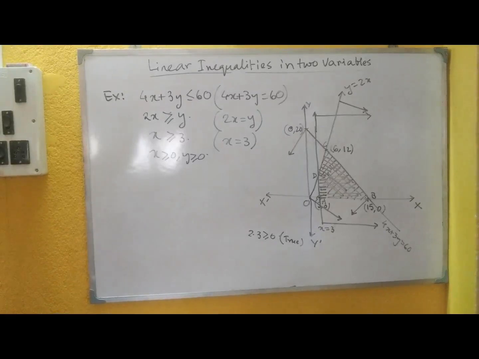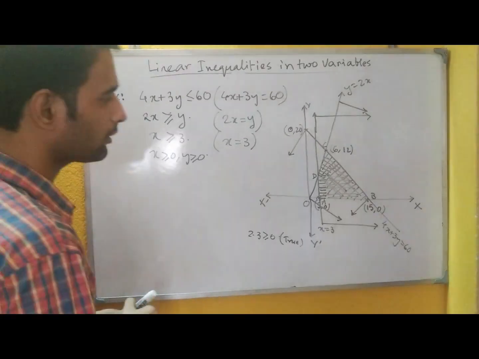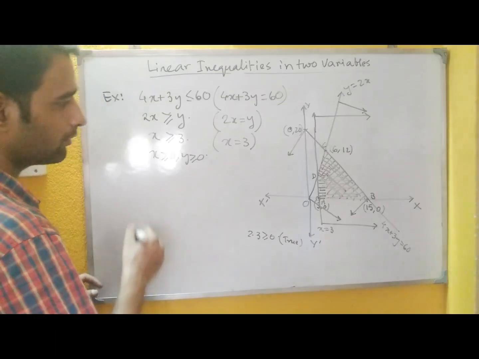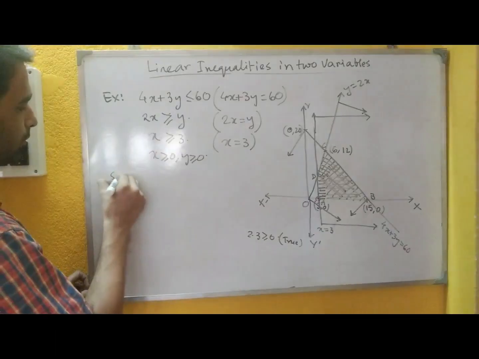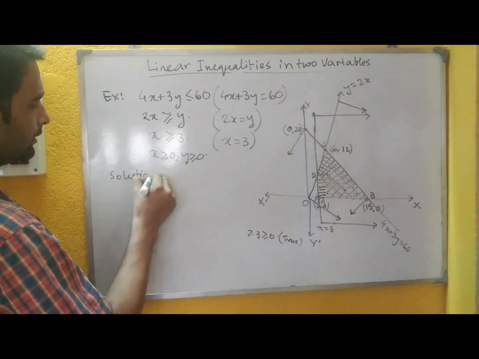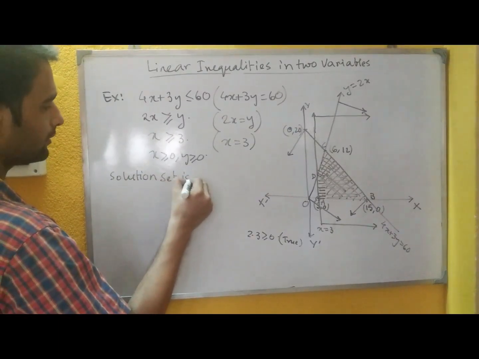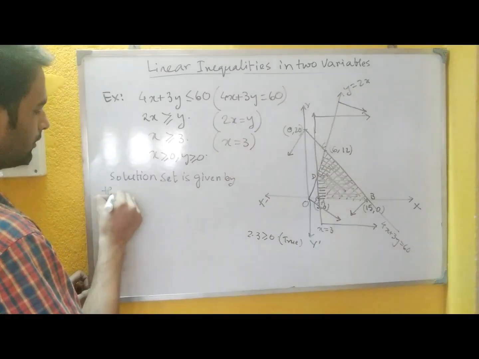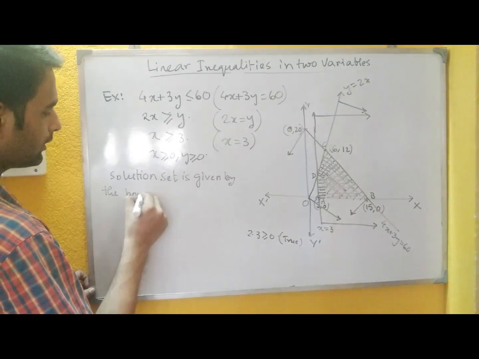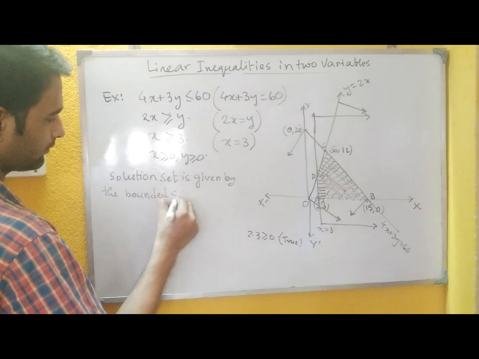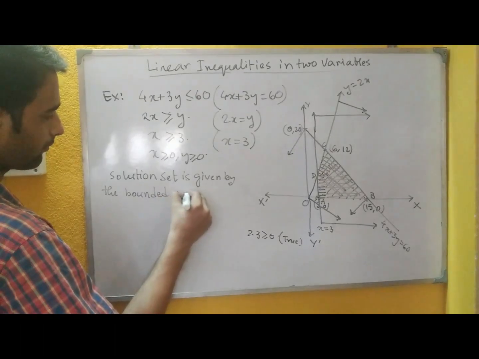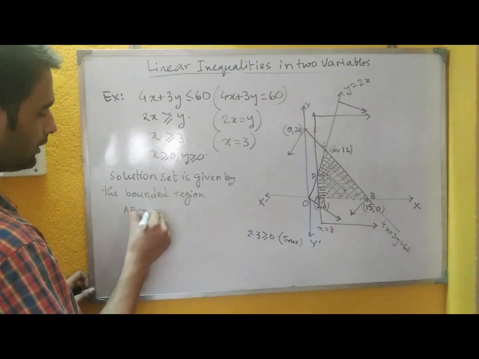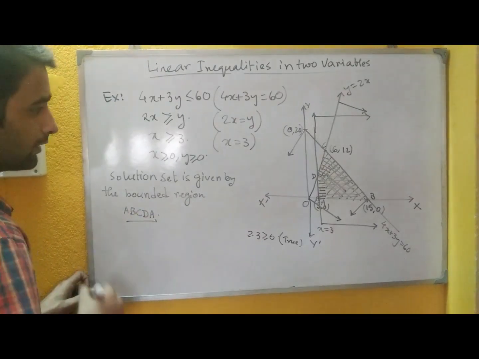See, here we always have to mention the solution region as a bounded region. So we will write like this: the solution set is given by the bounded region A, B, C, D, A. We have to mention it like this.